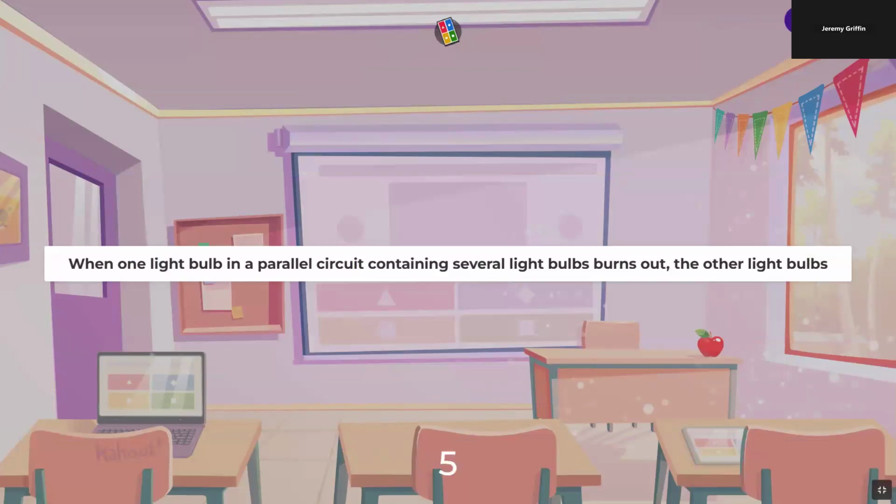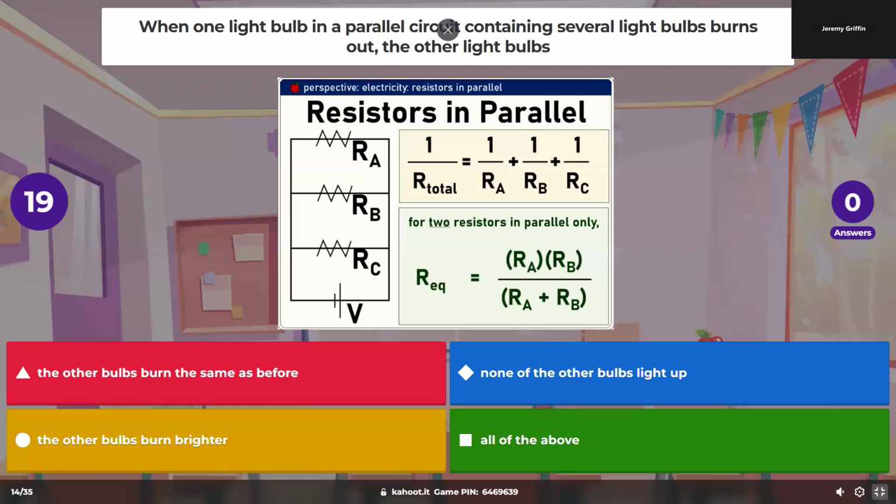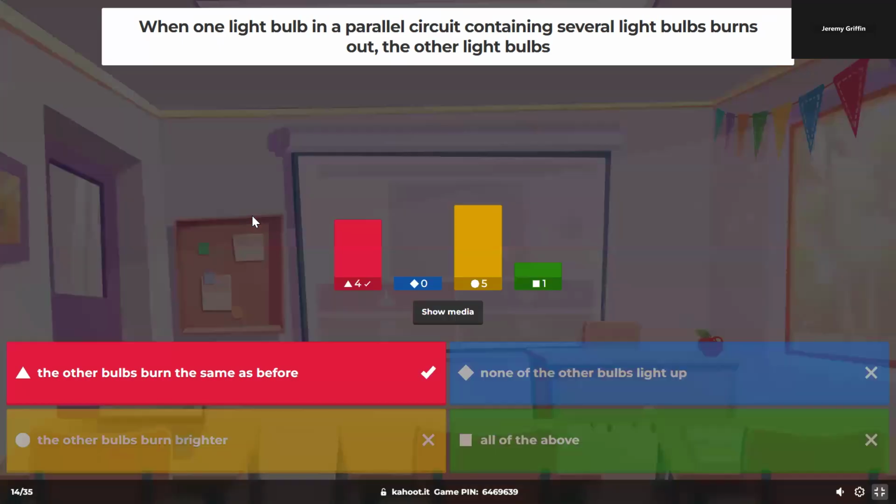When one bulb in a parallel circuit burns out, the other bulbs burn the same as before. Here, let's take a look at that.